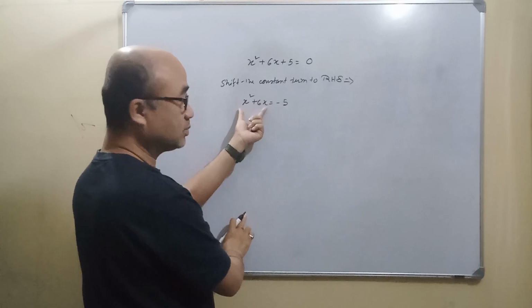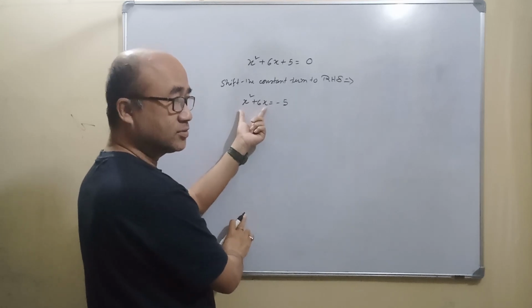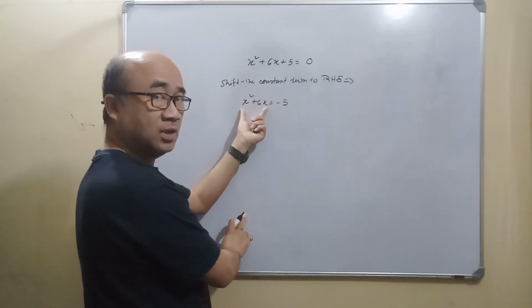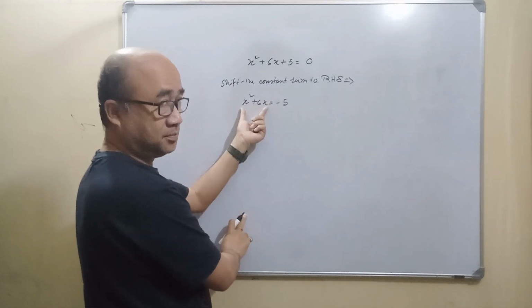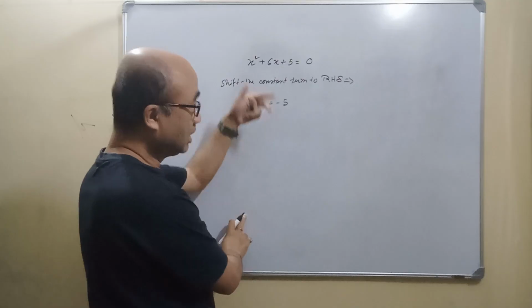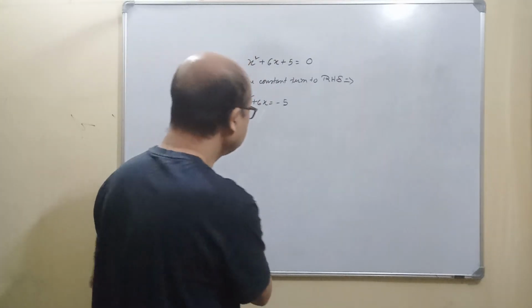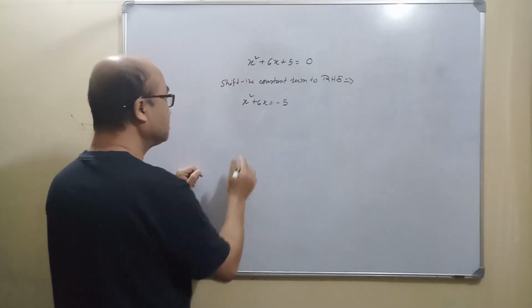Then we get this expression: x squared plus 6x equals minus 5. So now we have to complete the square, just like we have done in the previous examples. So let us do that.